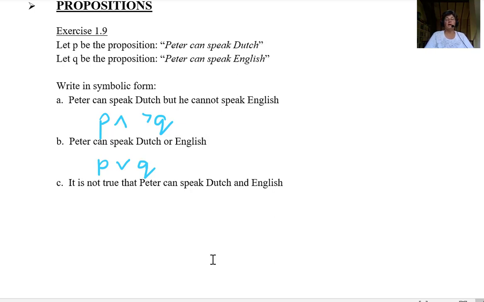So it may be that he can speak both languages. C, it is not true that Peter can speak Dutch and Peter can speak English. So not (P and Q).